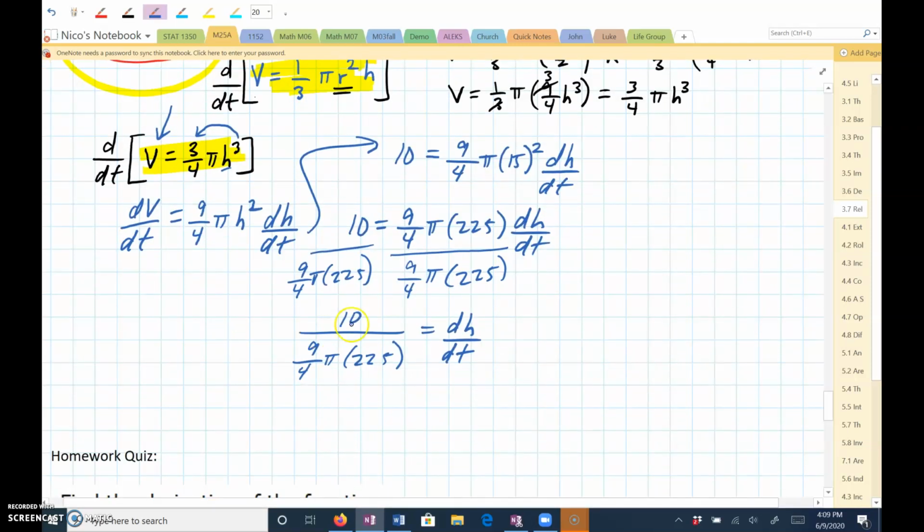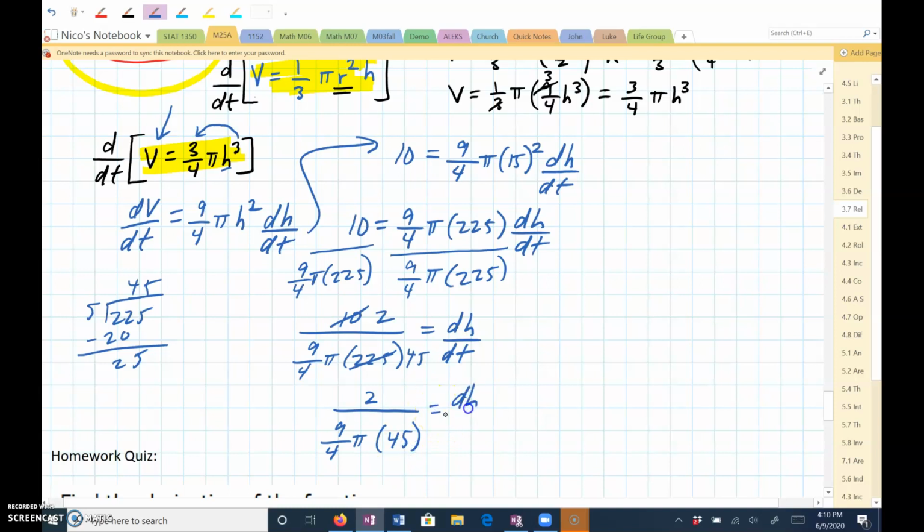So let's see. 5 goes into 10 two times, and 5 goes into 225 forty-five times. So now I have 2 over 9/4 pi times 45 equals dh/dt. Then I'm going to multiply the numerator and the denominator by 4, so the numerator ends up being 8.